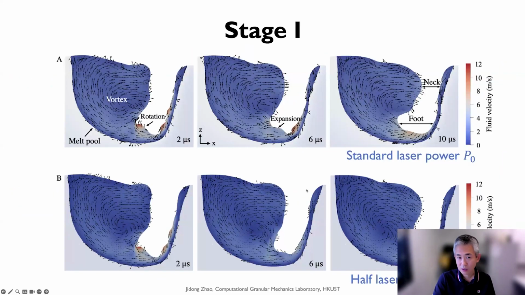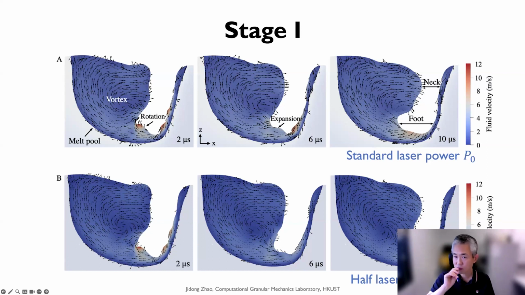When we look at stage 1, at the bottom part, typically the keyhole pore is generated by the tip part of the keyhole, through the dynamics of expansion, rotation, expansion, generating the fluid part and the continuous vortex and then backwards.